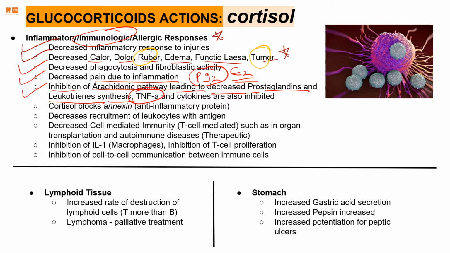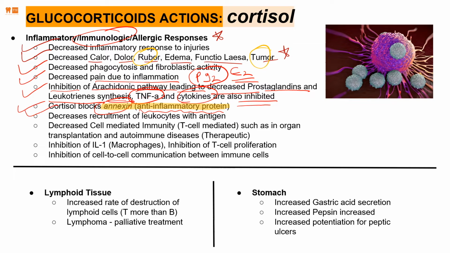Also TNF alpha, tumor necrosis factor alpha, and cytokines are inhibited. Cortisol blocks annexin. Annexin, this is a new terminology, it is an anti-inflammatory protein. It also reduces that. So it's covering every corner now in order to reduce inflammation.